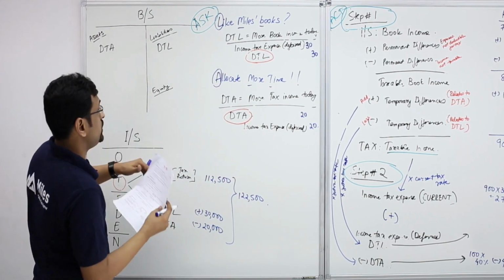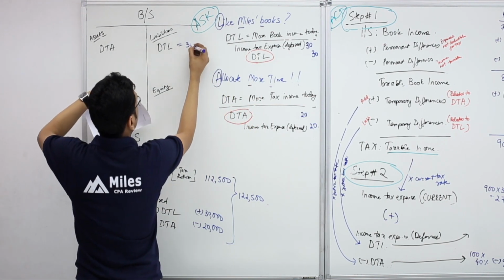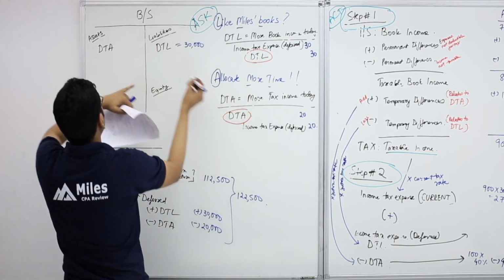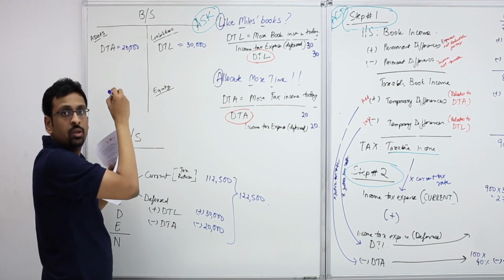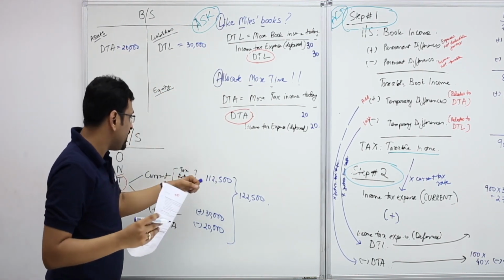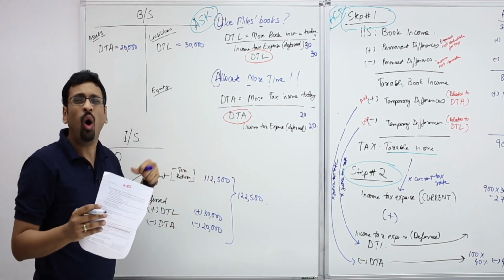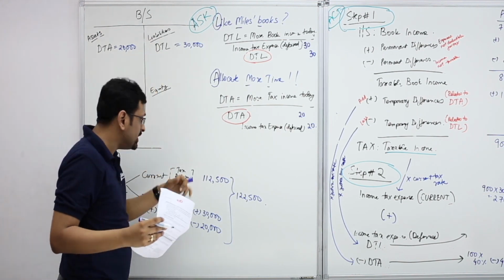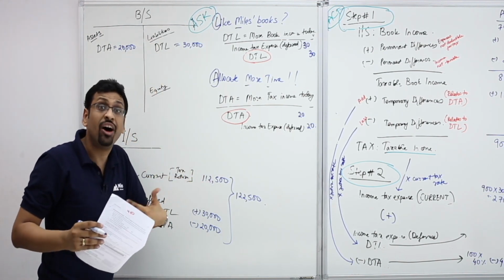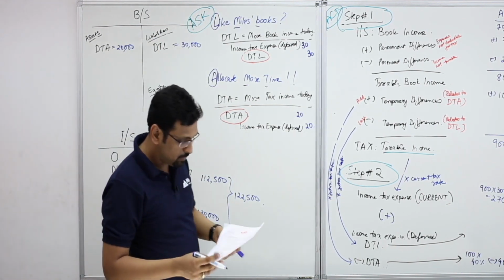Now on the balance sheet, we'll have this deferred tax liability going in at 30,000 and we'll have the deferred tax asset going in for 20,000. Now for the current income tax expense, either you've already paid out cash or it could be a current liability on your balance sheet. That depends on whether this has been paid out yet via estimated payments during the year or it's yet to be paid out.